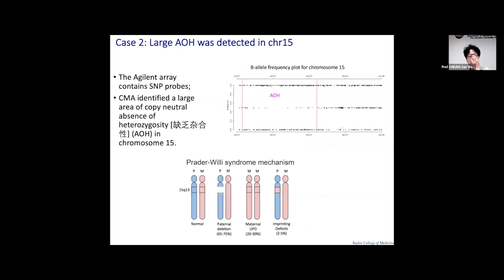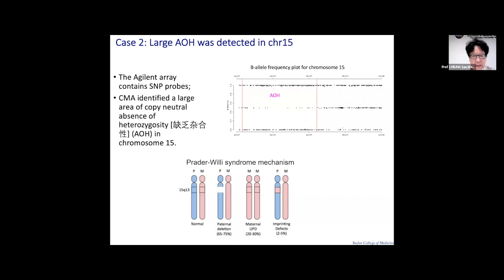So how are we using this? This is one good example on chromosome 15. And you could see there's absence of heterozygosity in the proximal 15. Here is the centromere on chromosome 15, and the AOH is only happening here.